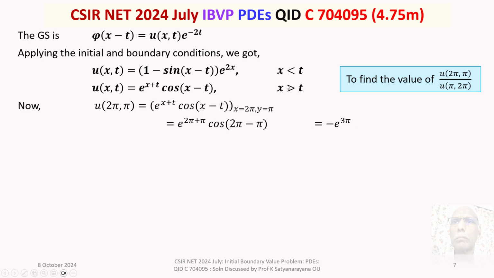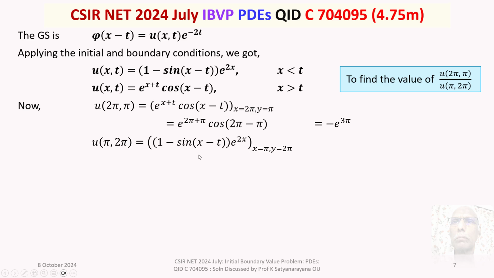So these are very important, x greater than t, x less than t. And on the other hand, in the denominator, u at (pi, 2 pi), pi is in the place of x and 2 pi is in the place of t, and pi less than 2 pi, therefore x less than t. That is the first formula you have to use. So u of (pi, 2 pi) is equal to, in the first formula, 1 minus sine of (x minus t) into e to the power 2x, to be evaluated when x is equal to pi and t is equal to 2 pi.